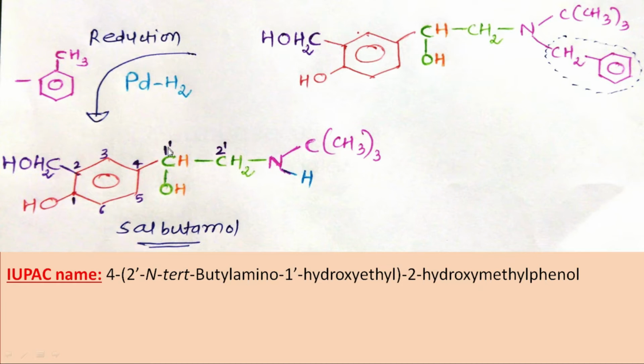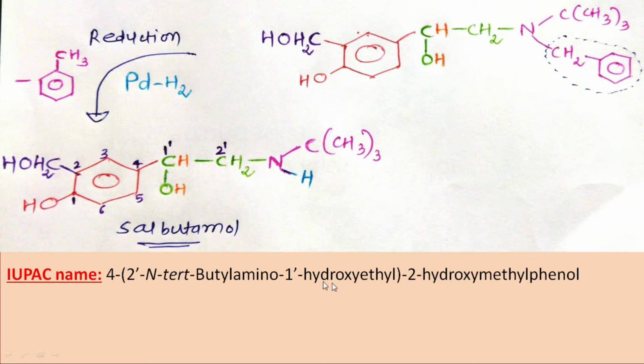So here 1 prime hydroxy, and on the second position 2 prime N tertiary butyl amino, this is ethyl, and that is present on fourth position. So IUPAC name will be 4-[2-(N-tertiary butylamino)-1-hydroxyethyl].